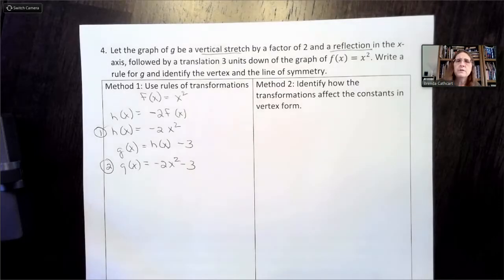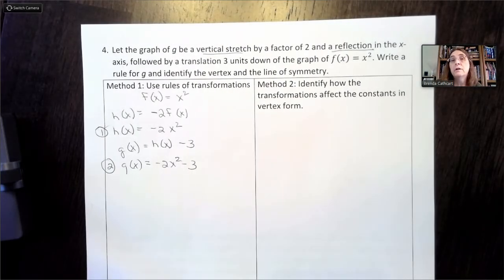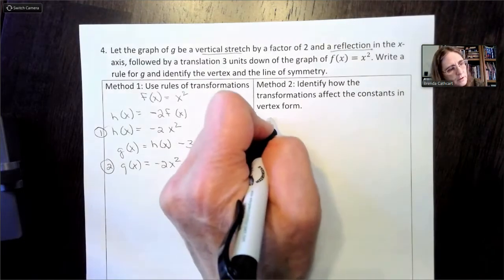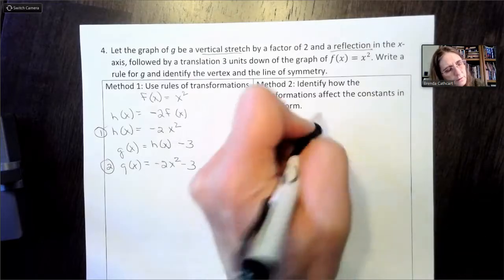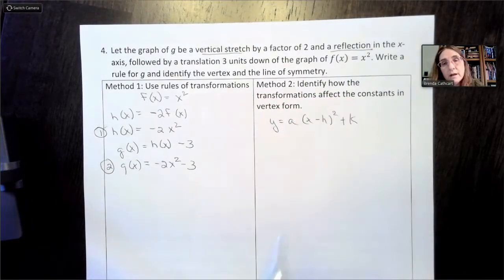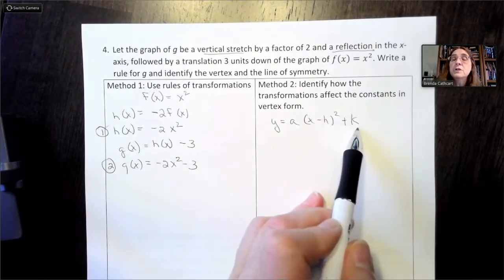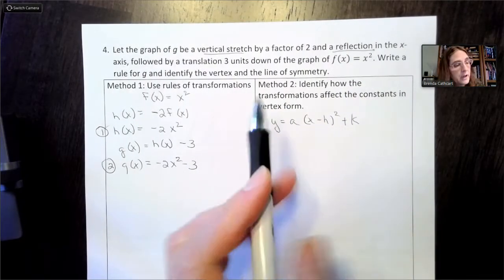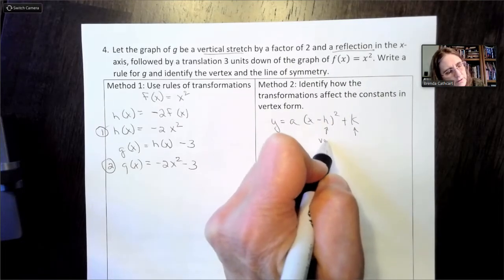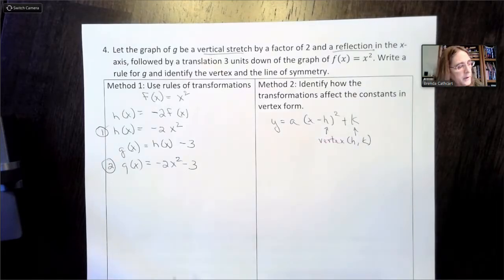A second method to do that is to identify how the transformations affect the constants in the vertex form of a quadratic function. We had y equals a times (x minus h) squared plus k. We learned earlier that the h and k change the vertex. So these affect the vertex. Okay.